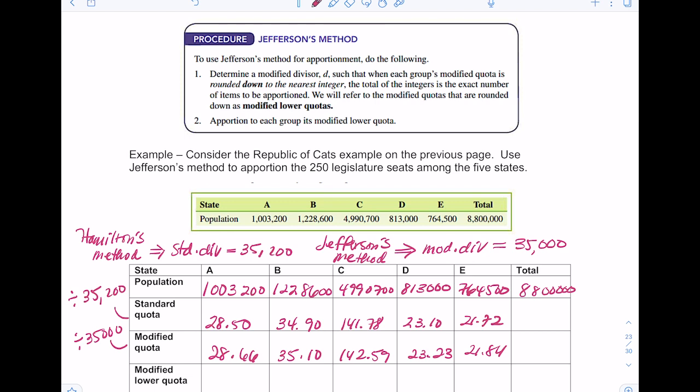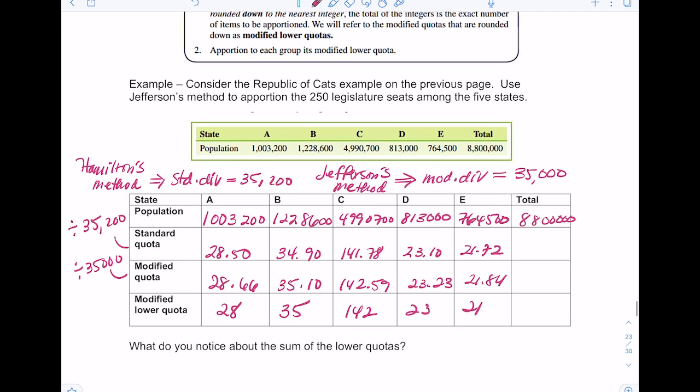Okay, and now we're going to find the modified lower quota. So it's very similar to Hamilton's. We're rounding down now. We're just using the modified quota to round down. So we would get 28, 35, 142, 23, and 21. Okay, and if you add those up, you get 249.